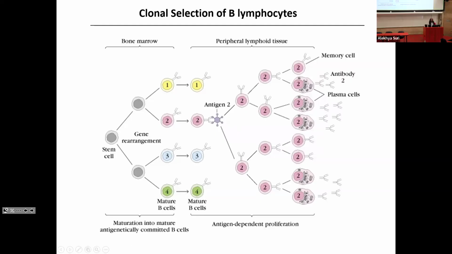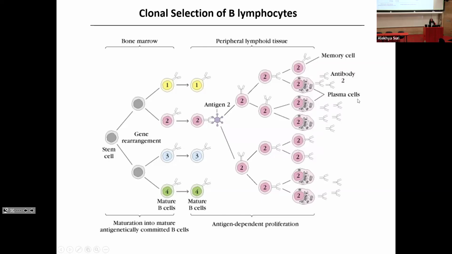So you can see once this cell has been activated, it can clonally expand to many cells. All these cells are identical. They all have the same antibody that's being secreted or expressed on the surface, and they all recognize the same antigen.